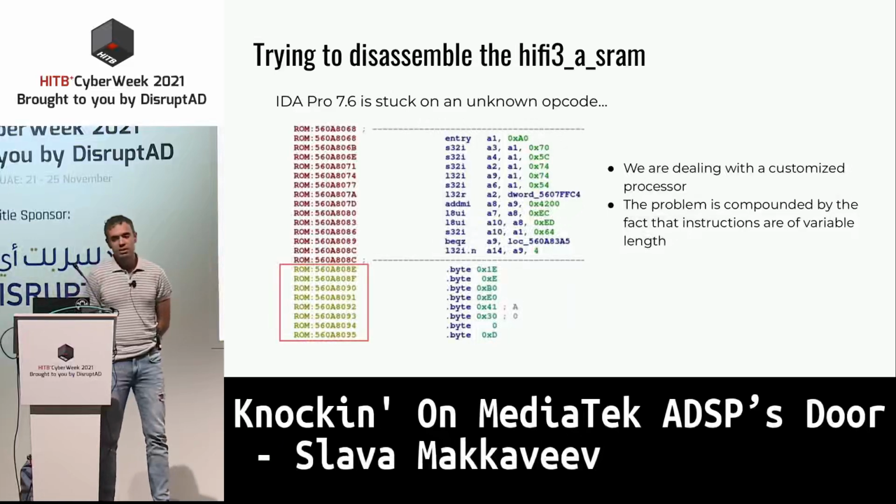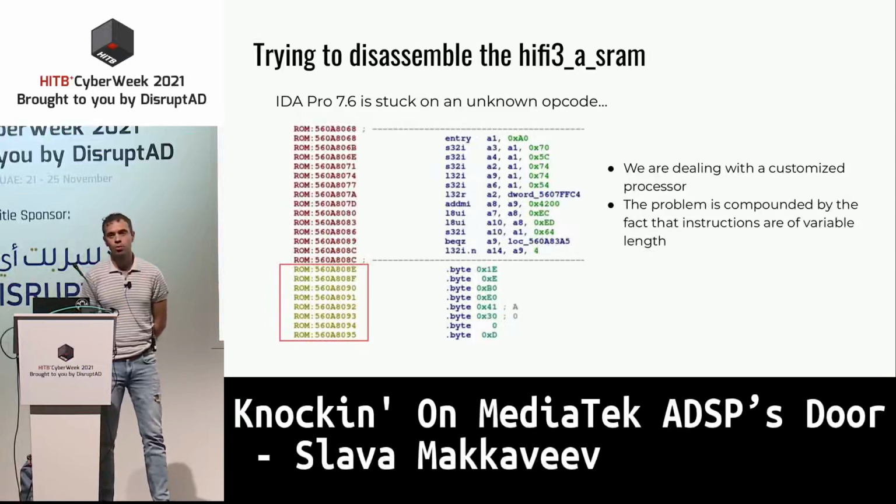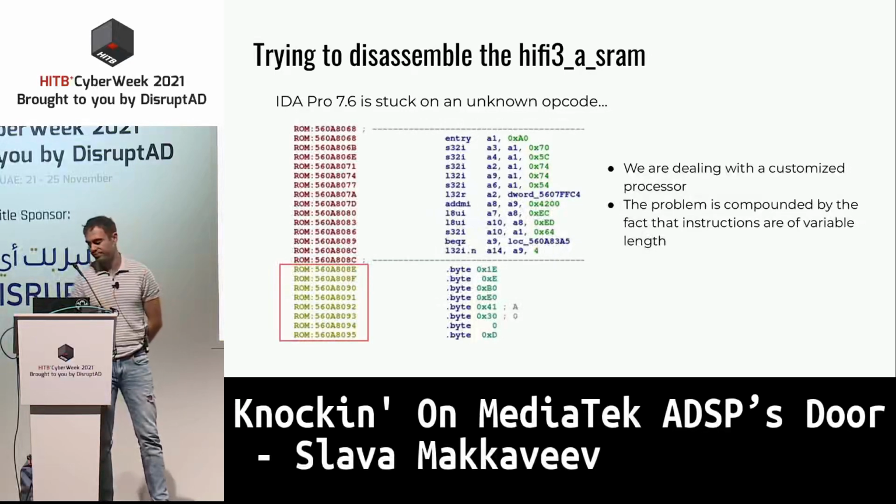But this solution doesn't work because there are too many custom instructions that IDA is not aware of, and IDA just got stuck on unknown opcodes, and all that I got are snippets like the following.